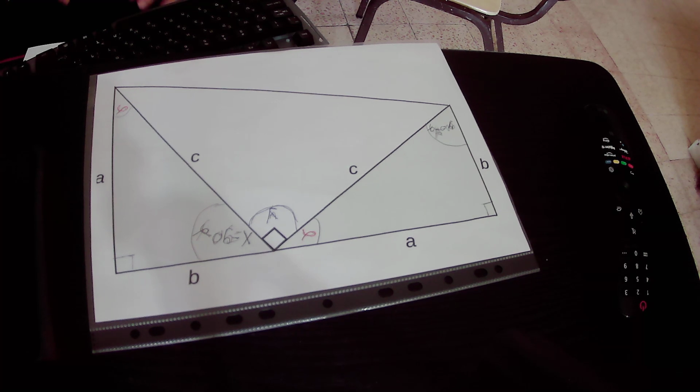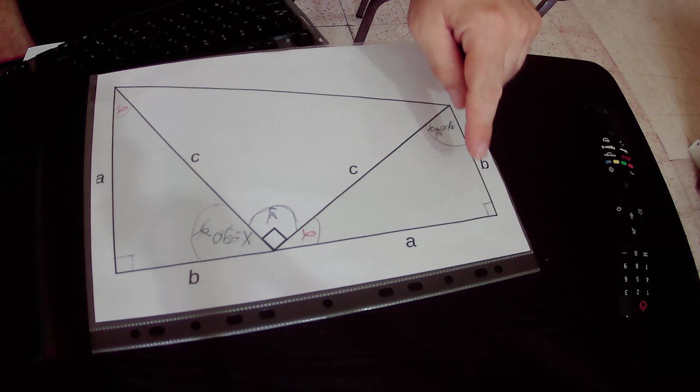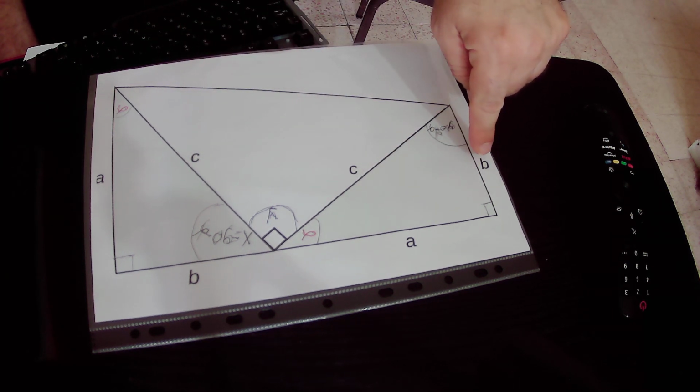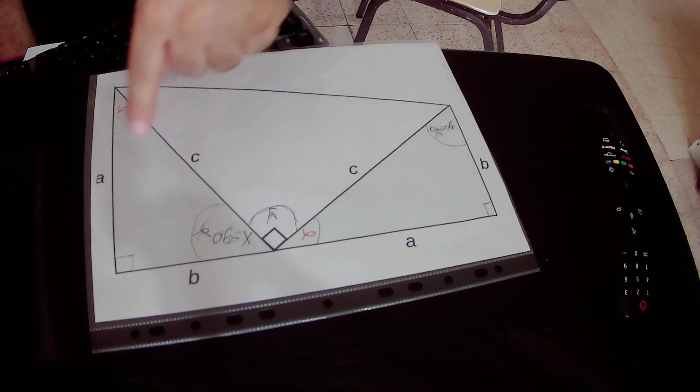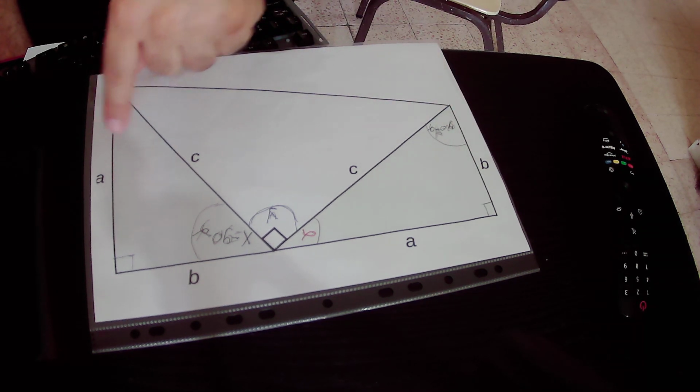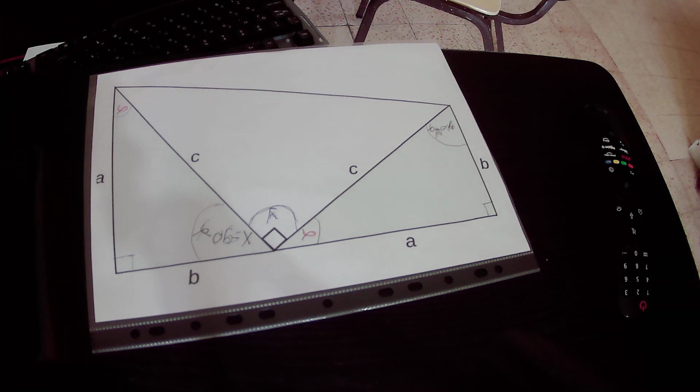On the one hand, the area of the trapeze is equal to the sum of the parallel sides. Side A is parallel to B, so it is A plus B, multiplied by the height of the trapeze.